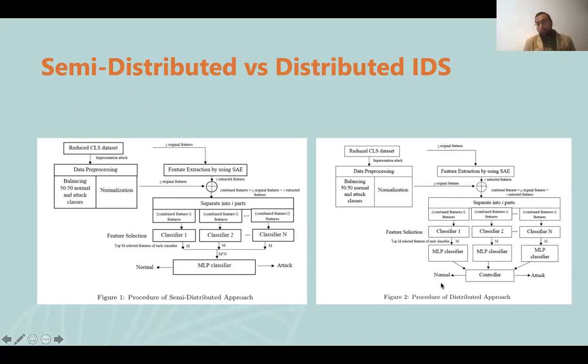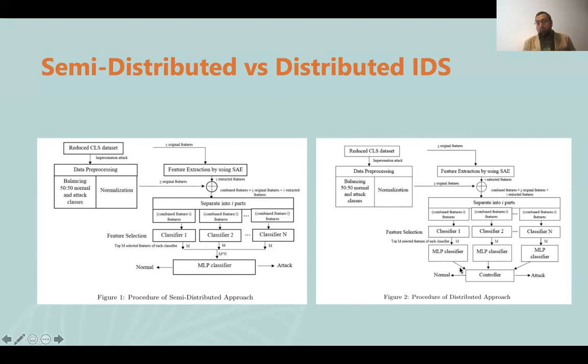But in the distributed idea, which is solely designed for the IoT network, we divided the features into several parts, and each particular feature is handled individually by a multi-layer perceptron classifier in an individual device. These devices do not have high computational capacity.